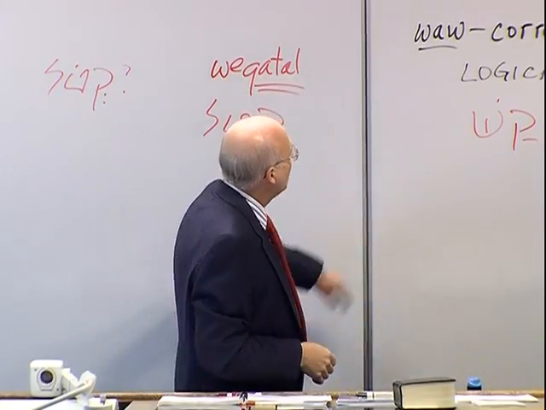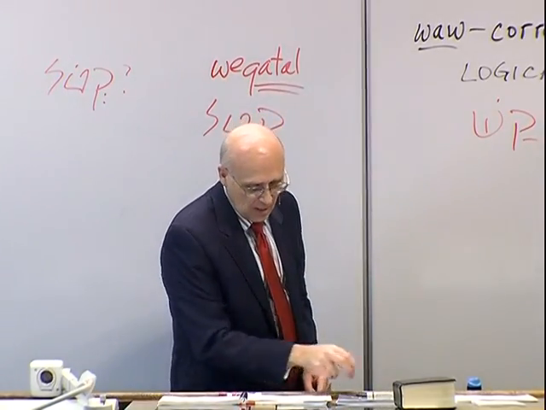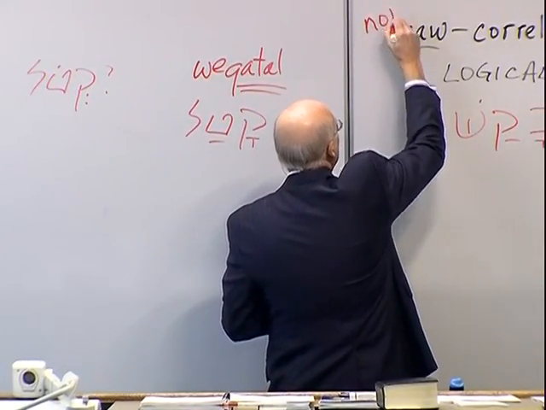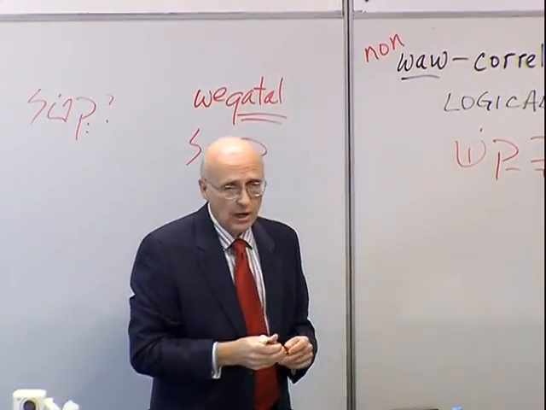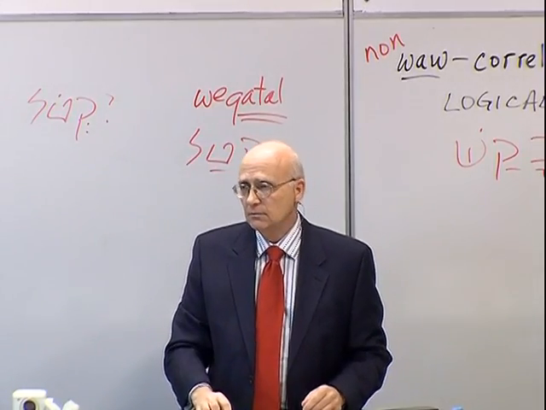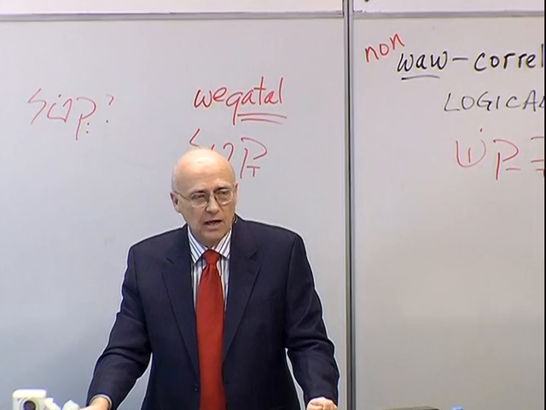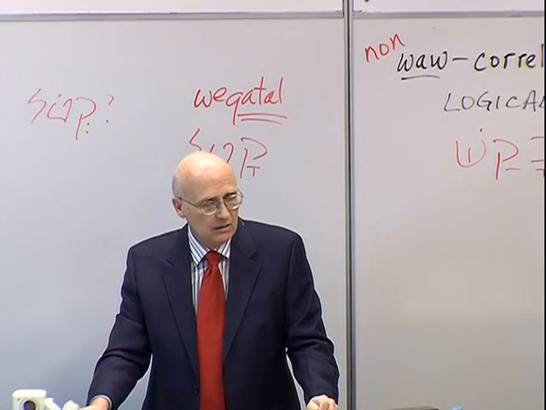So when I talk about the wow correlative, there's also what some would call a non-wow correlative wekatal, wow on a perfect. And Chisholm talks about that. I think it's legitimate.